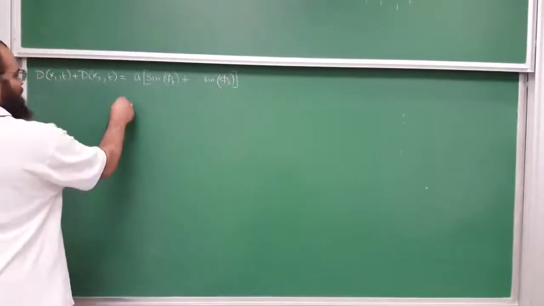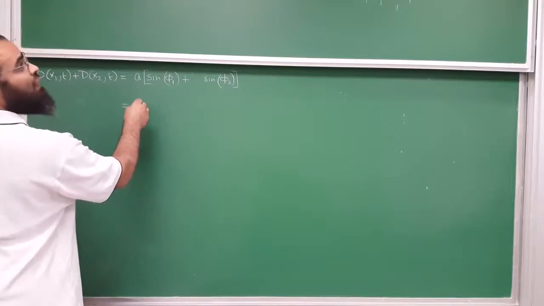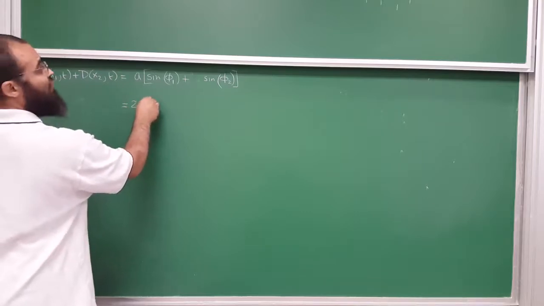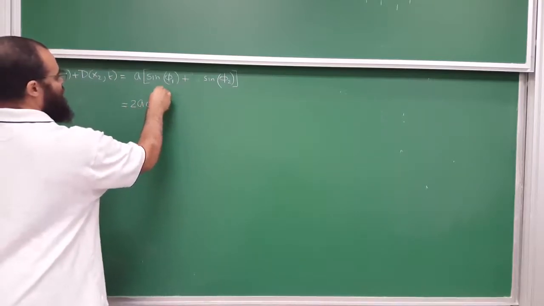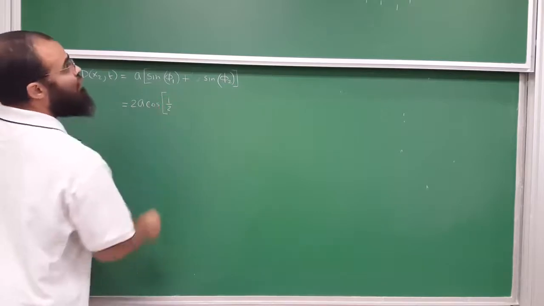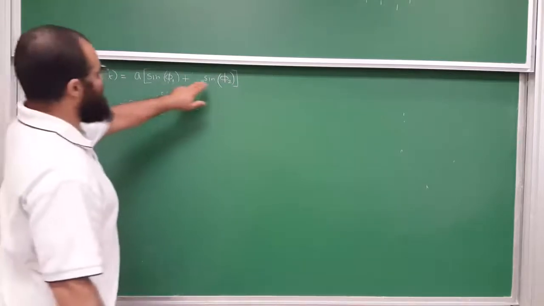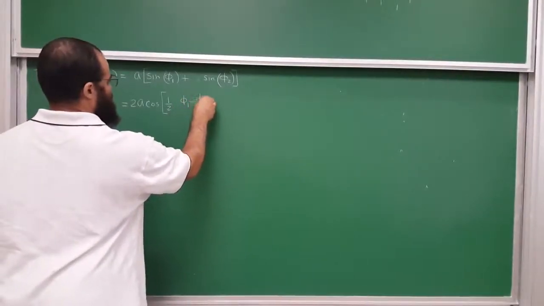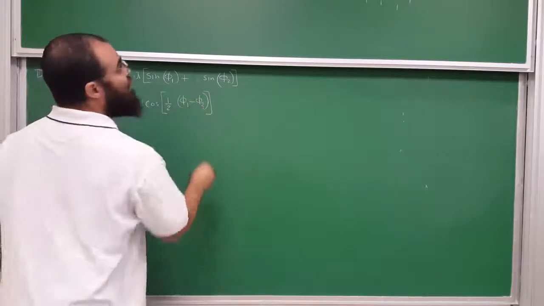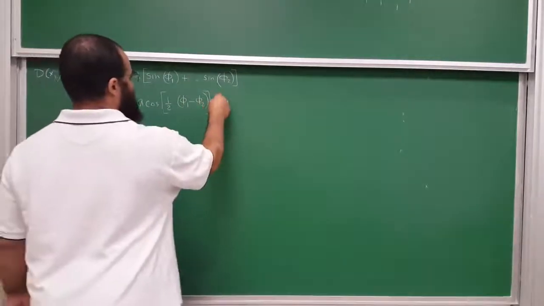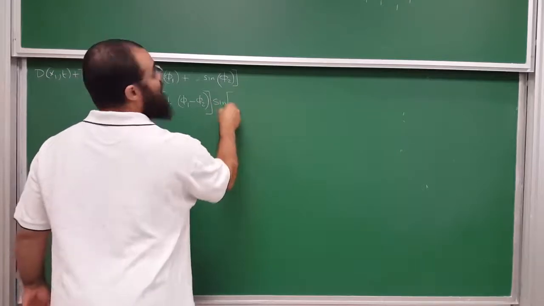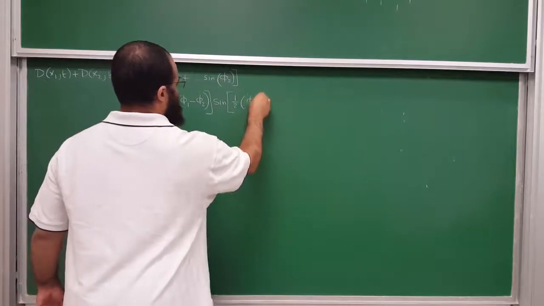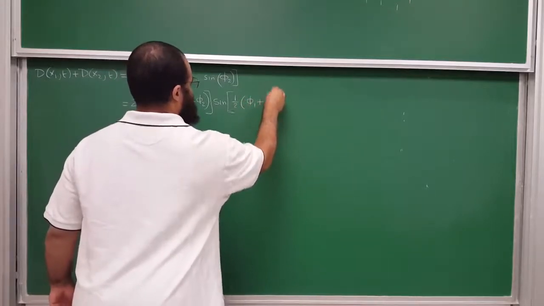I still have the a here, so 2a, and then the cosine of 1/2 of alpha minus beta, so phi 1 minus phi 2, and then times the sine of 1/2 of phi 1 plus phi 2.